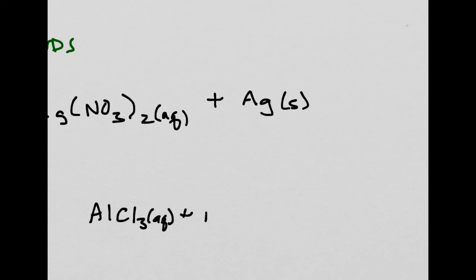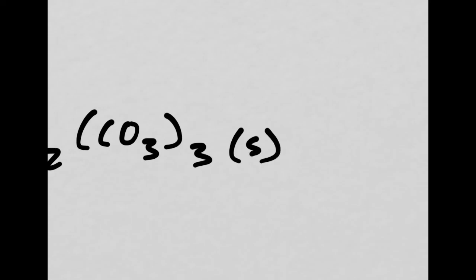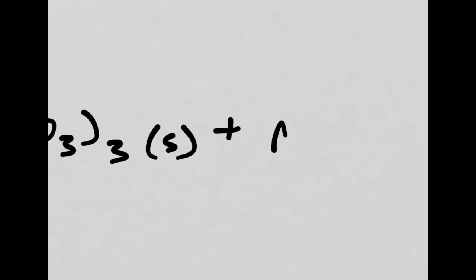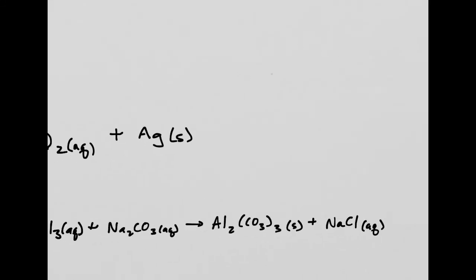I'd combine that with sodium carbonate, which is also aqueous. And this would, with the partner switching you're thinking about here, create aluminum carbonate, which actually precipitates out and becomes a solid, and sodium chloride. You know that is salt, and salt dissolves very readily in water.